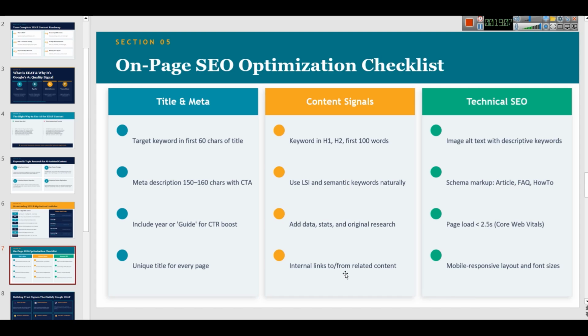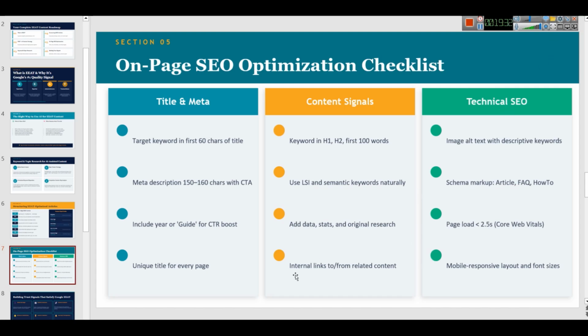Internal links are very important because otherwise your pages may be left orphaned. You don't want to leave any page orphaned. There should be some internal link to it, and some link from it. Then you talk about technical SEO, like image alt text.